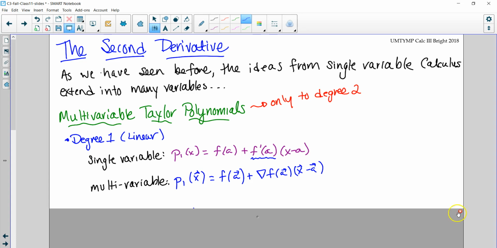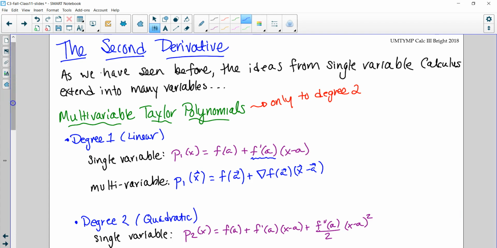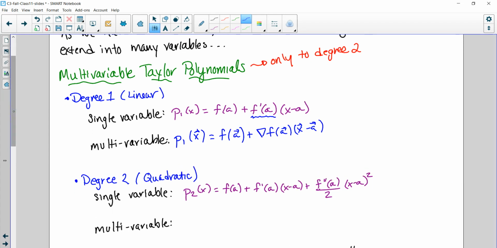Okay, so the degree 2 case should be just as easy. In the multivariable case, we have p2 of x is equal to f of vector a, plus the gradient of f at a times vector x minus vector a, and then plus, well, just as I thought about how the first derivative extends in the multivariable case, I'm wondering what about that second derivative?